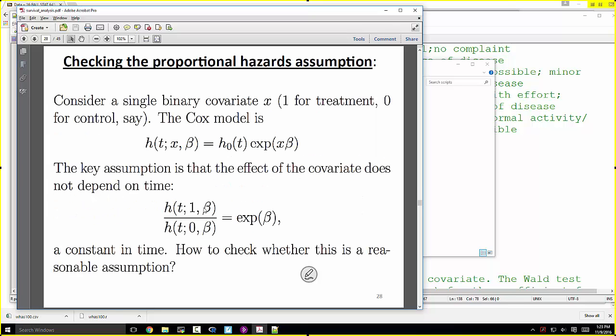The proportional hazards assumption is that the hazard at a time t with covariates x can be factored into a baseline hazard at time t and something, e to the x beta. So the key thing is that the effect of the covariate does not change with time.